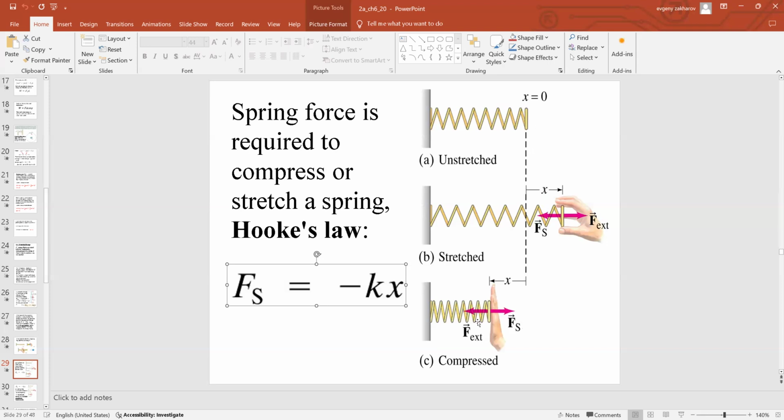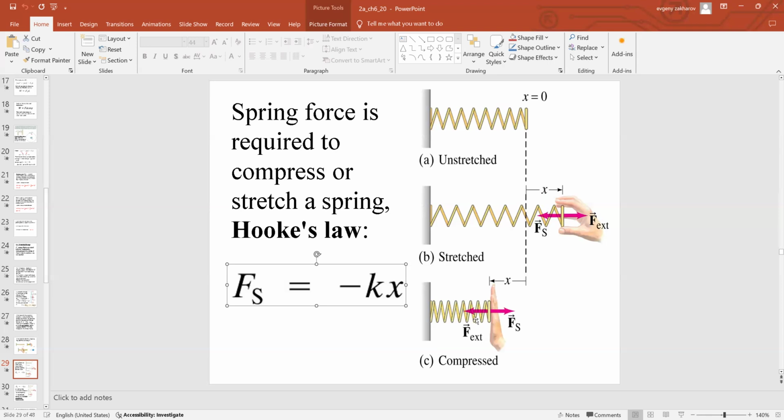Or if you compress the spring, then the spring force is once again opposite to the external force because it is trying to bring the compressed spring back to its unstretched and uncompressed position. So spring force is always opposite to the external force.